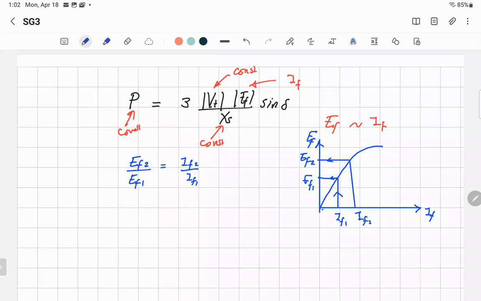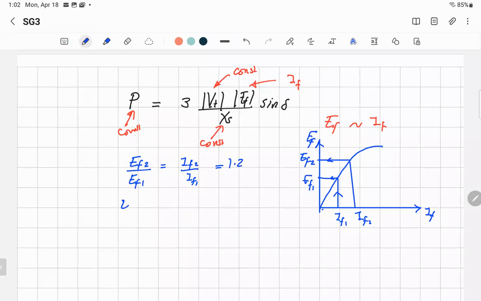They said increase it by 20%. So what does it mean? It means IF2 over IF1 is equal to what? If IF1 is 100, just to always think about that, what's going to be IF2? 120, right? So IF2 over IF1 equals 1.2.